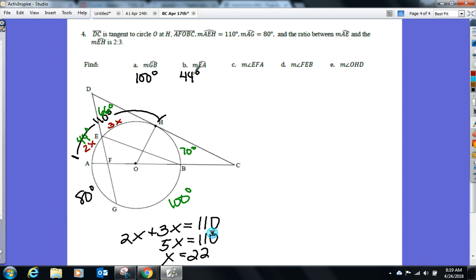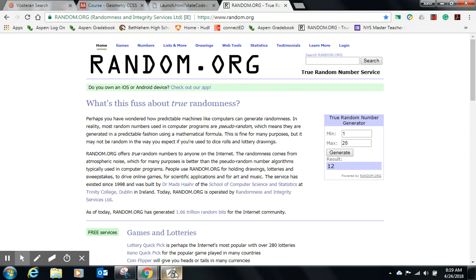EFA, all right, now we've got to do work. EFA, go through the checklist. Central angle, yes or no? No. Inscribed? Nope, so it's got to be a floater angle, which we've been talking about today. How do you find a floater angle? One half. What arc belongs to EFA? What is the measure of the arc that belongs to EFA?